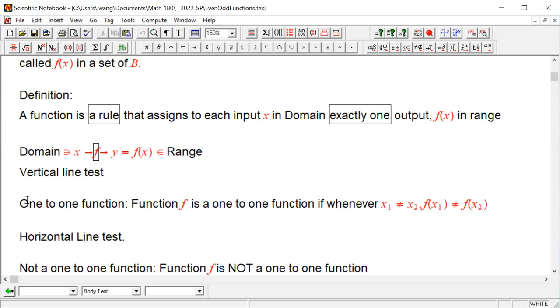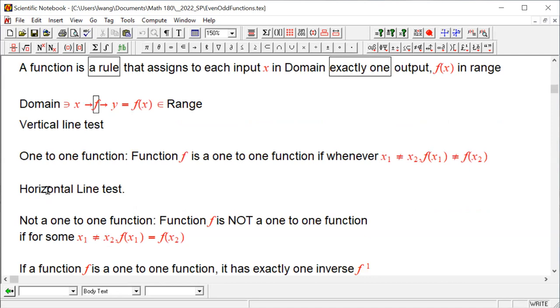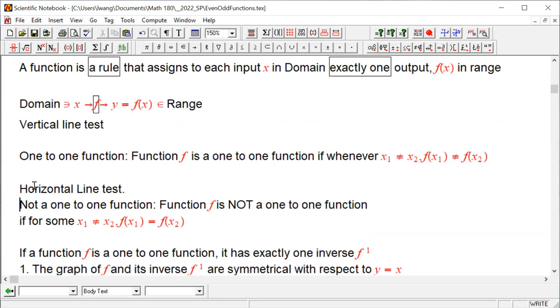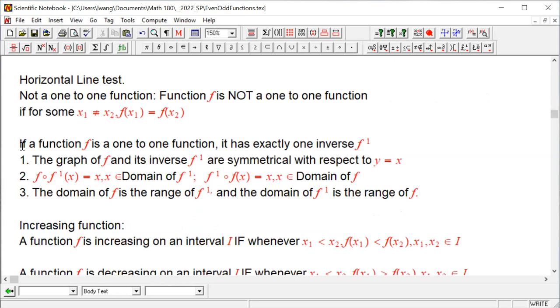And we also talked about what makes it not a one-to-one function. The definition for not one-to-one is such that for some different inputs, the outputs are the same. That is the opposite of whenever. And we also talked about that if a function is one-to-one, it has exactly one inverse.